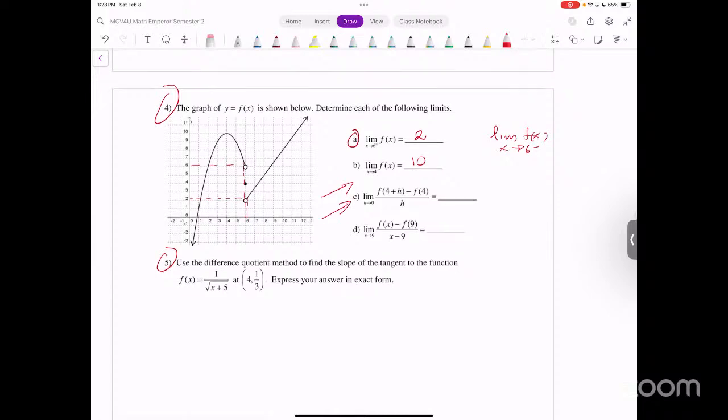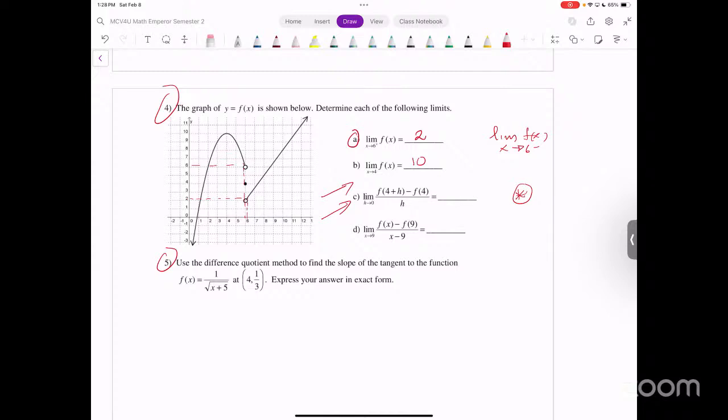Praneeth, what is the limit as h approaches 0 of f of 4 plus h minus f at 4, over h?